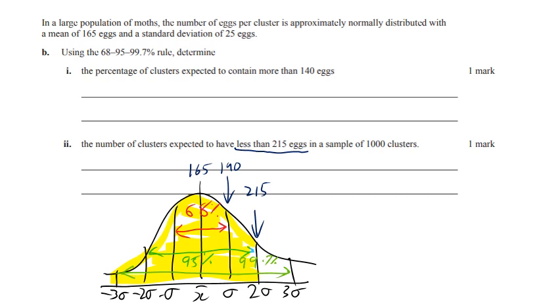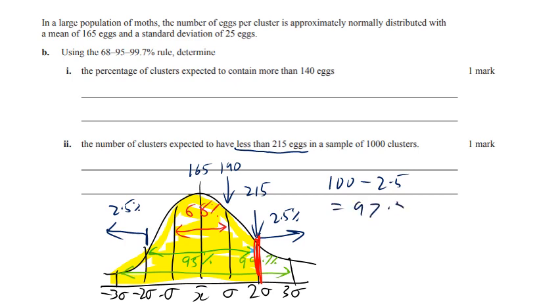And you should know by now, if we go from this point and then from this point out, that's 95% in between, this is 5% on either side, so that's 2.5%, and that's 2.5%. So we know that the less than our special point here is 100 minus 2.5, that equals 97.5%.